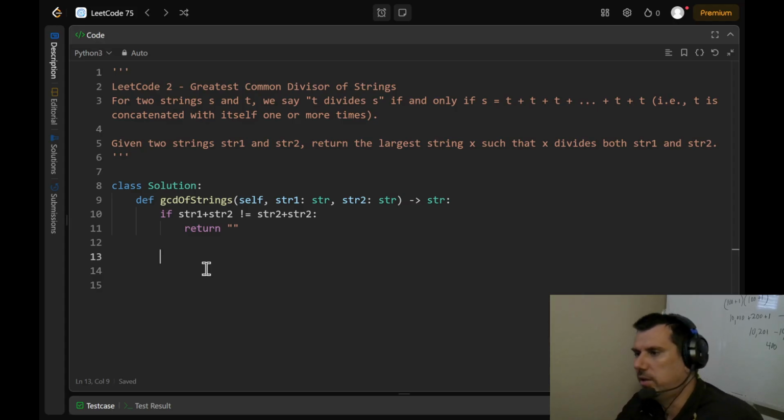And so it's actually really easy to check to make sure that they even have a base in common. And so after that if statement, you know that both words have some string base in common.